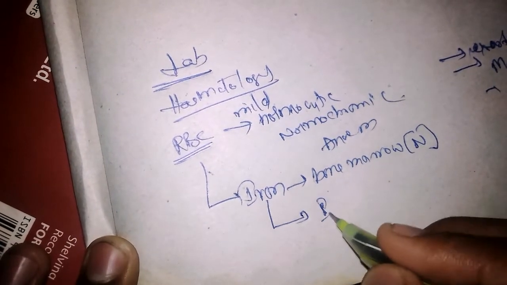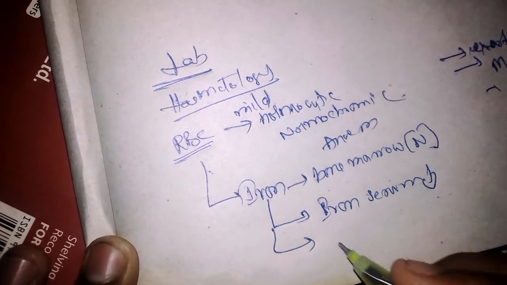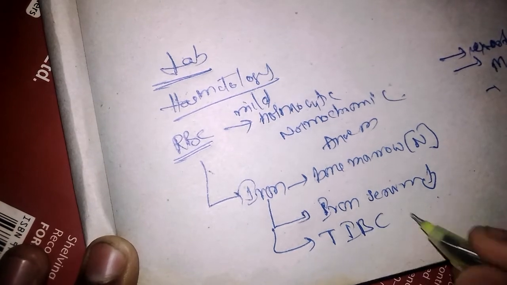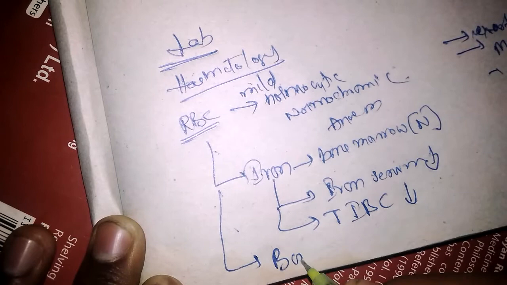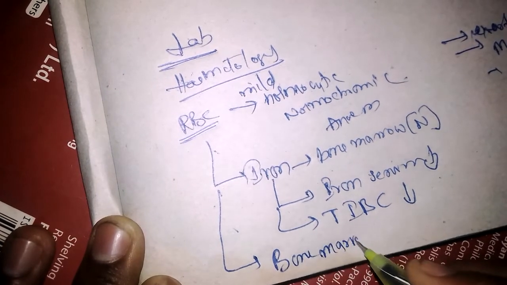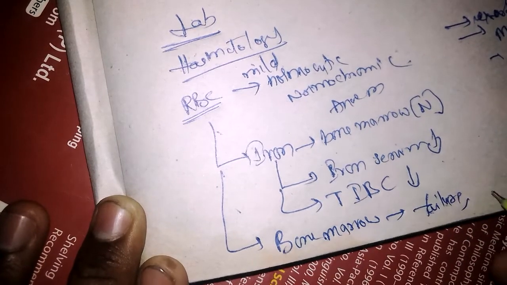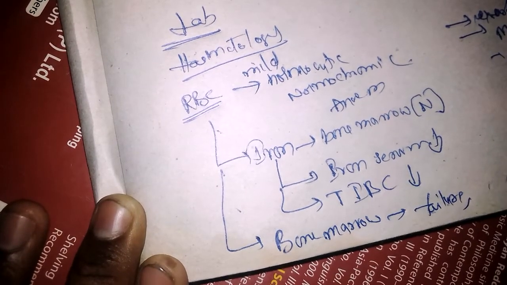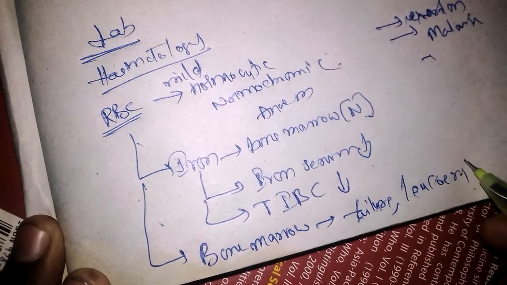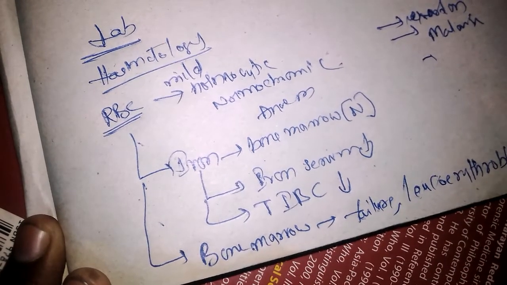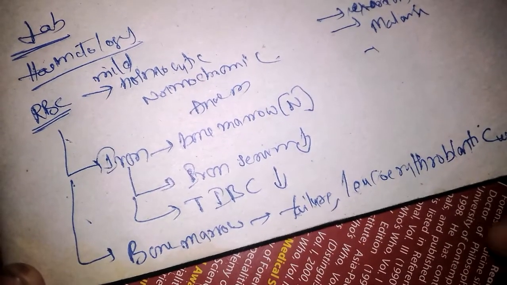The iron content in the serum will come down, and total iron binding capacity will also come down in the serum. Bone marrow infiltration will be there. Due to this bone marrow infiltration, there will be failure of bone marrow, and leukoerythroblastic reaction will be there. That means immature cells get released into the blood.